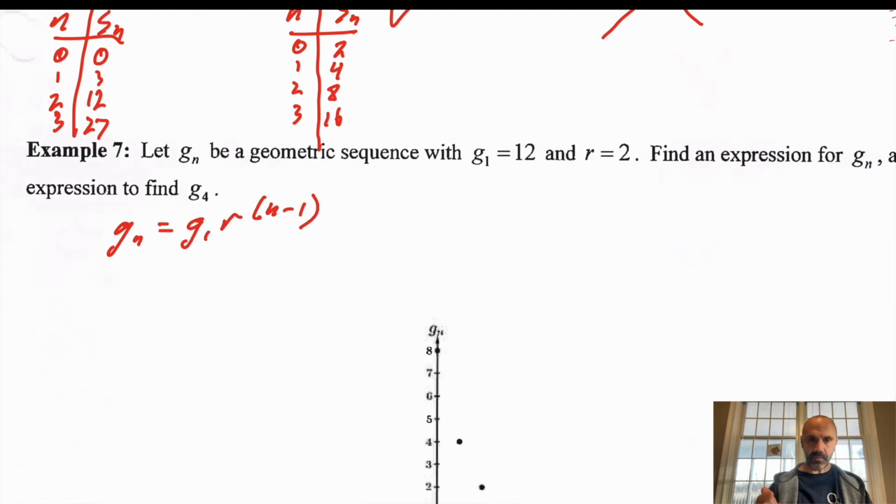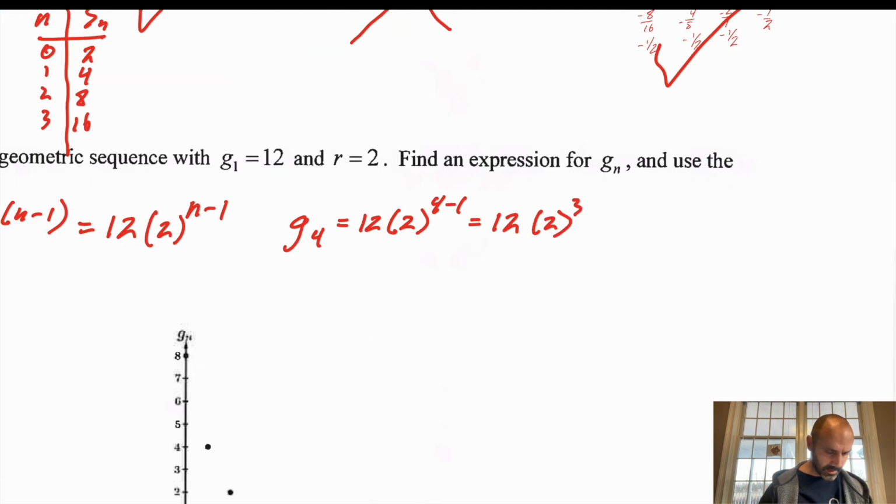Here's that second expression filled in. We fill this in with the value for g of 1, which is 12. It's 12 times 8, which is 96.